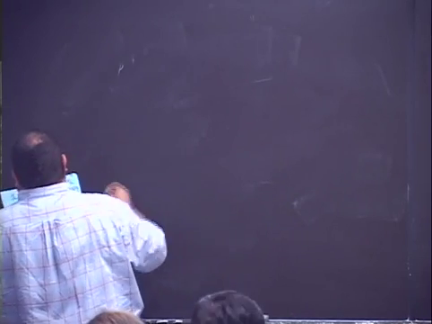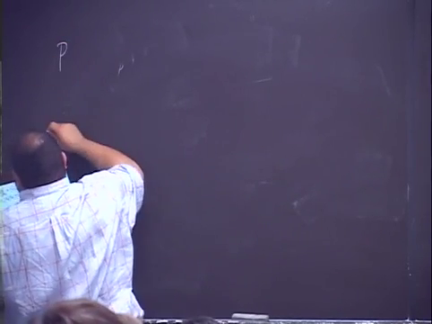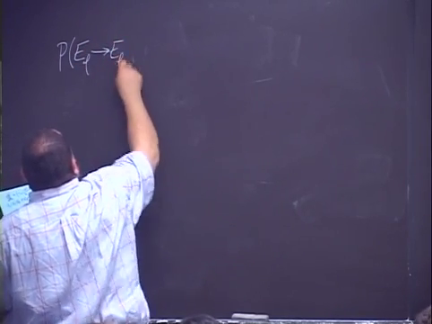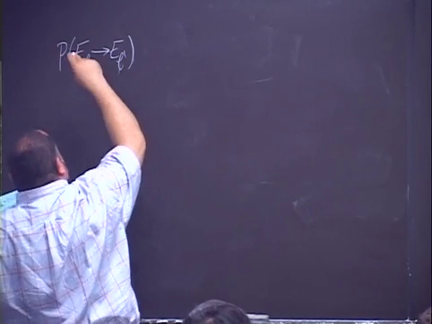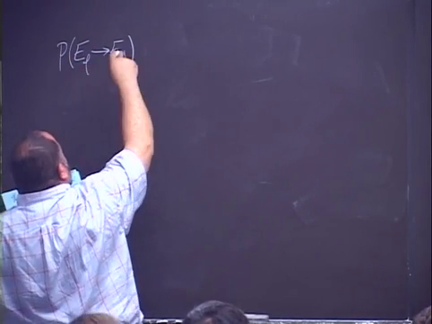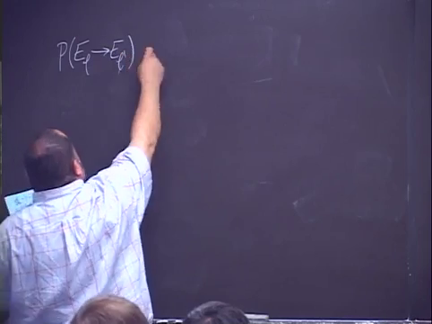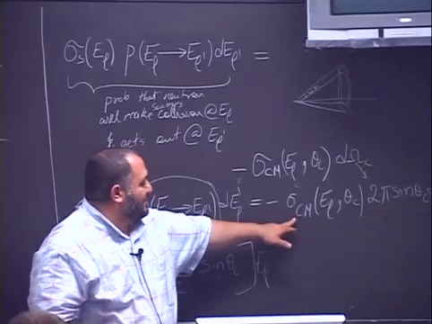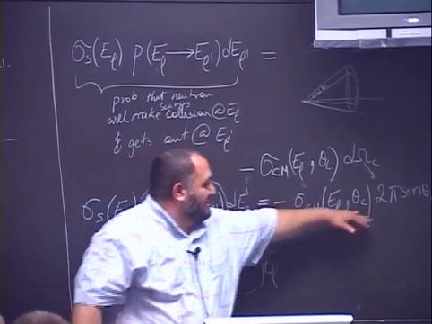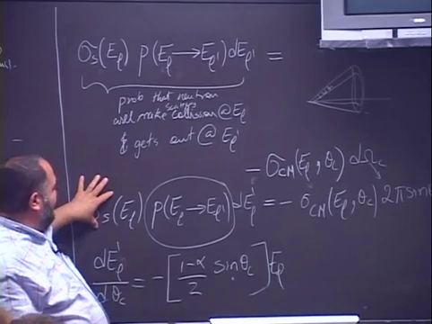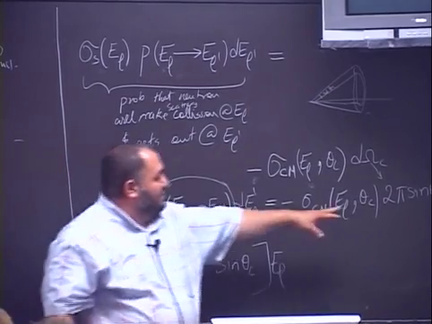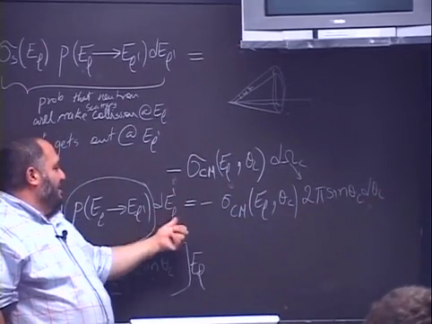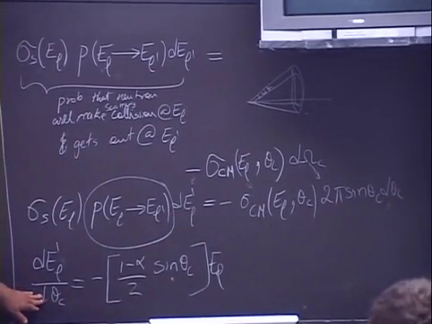The probability of EL going to EL prime, the probability that the neutron getting into the collision at EL will get out with energy EL prime, will be equal to sigma scattering in the center of mass multiplied by all those terms, divided by sigma scattering in the lab system, multiplied by d theta C by dEL prime, which is the inverse of this formula.